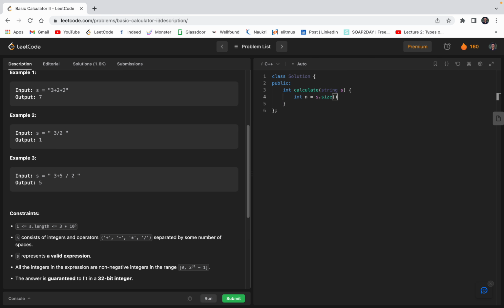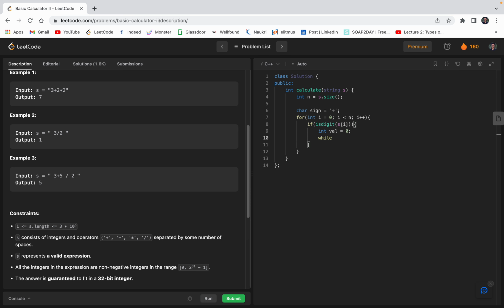Let's declare char sign is equal to plus, right? And let's traverse. I less than n, I plus plus. If I find that s of i, this particular character, is a digit, what I want to do is collect the number.